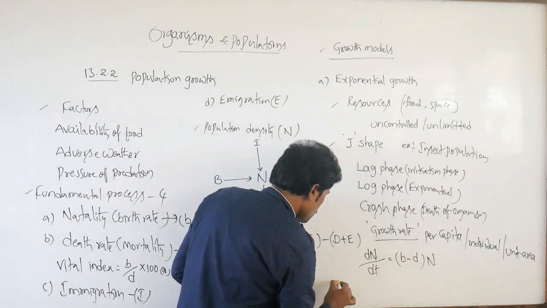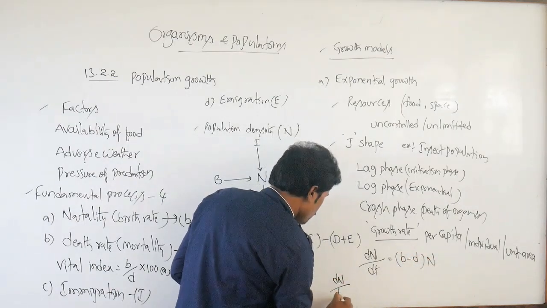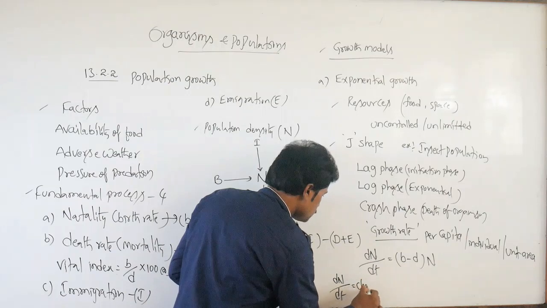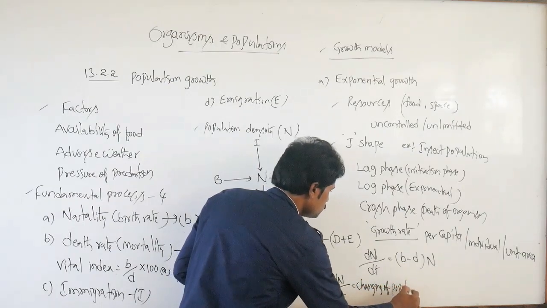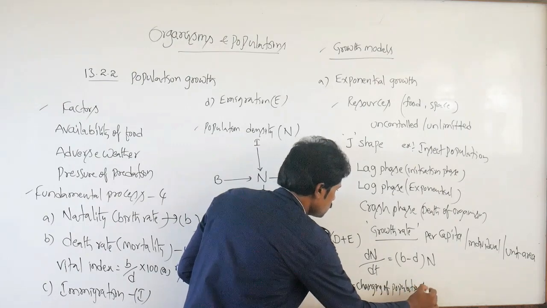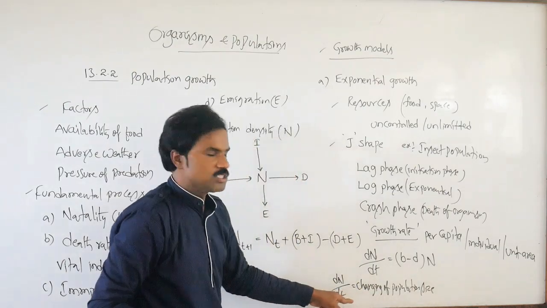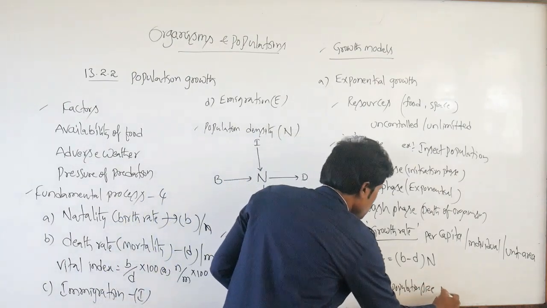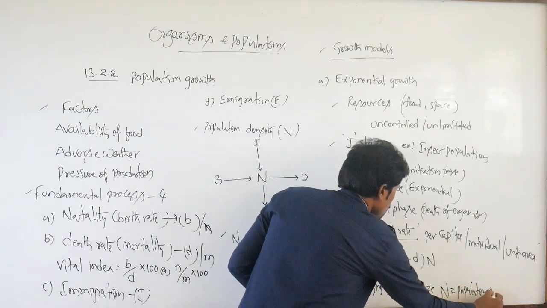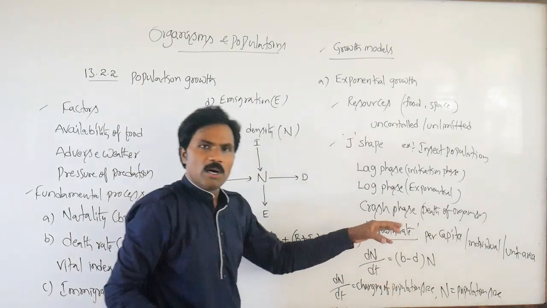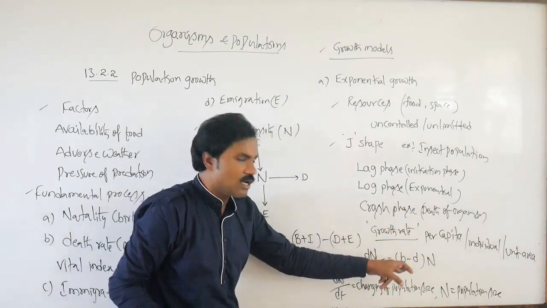Here, dN/dt equals the change in population size, whereas N equals the given population size, the number of individuals.